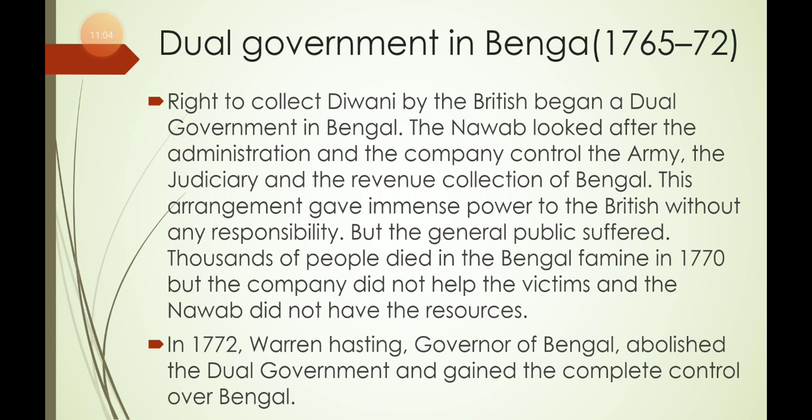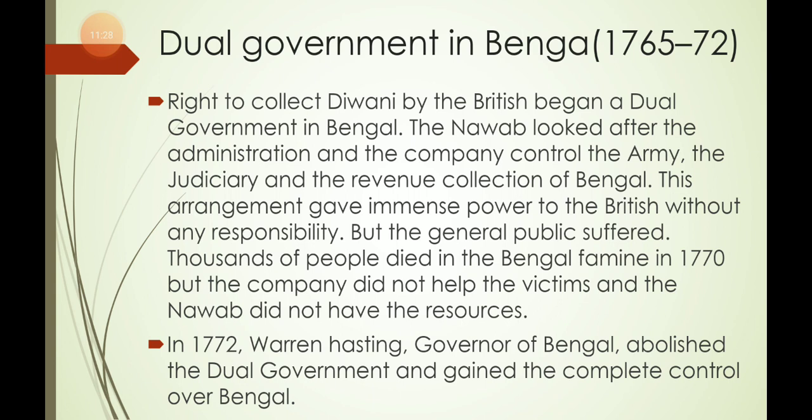This arrangement gave immense power to the British without any responsibility. But the general public suffered, means the people also suffered. Thousands of people died in the Bengal famine in 1770.